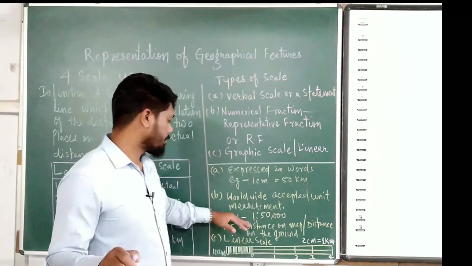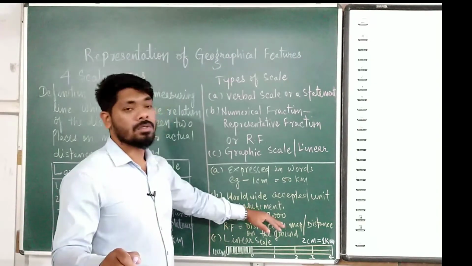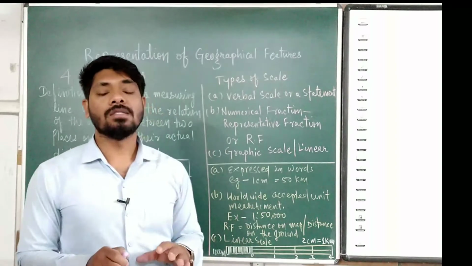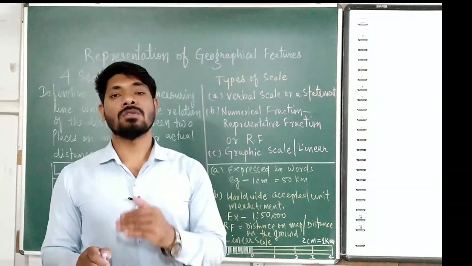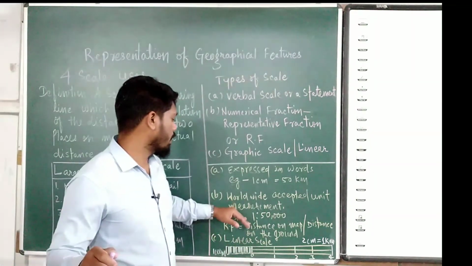For example, 1:50,000 means 1 centimeter on the map will have 50,000 centimeters on the ground. That is the ratio of the RF.